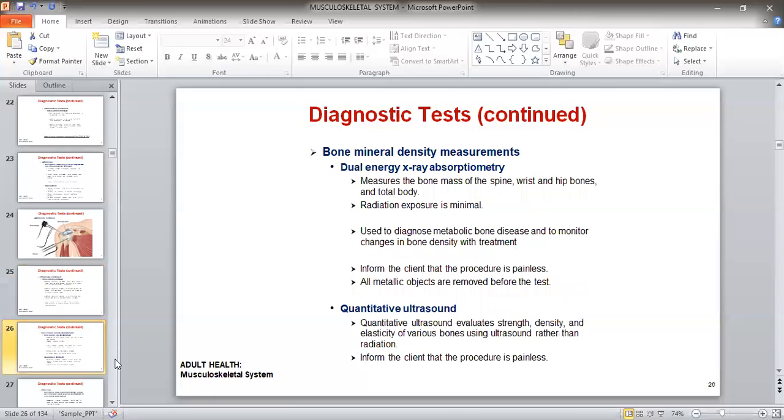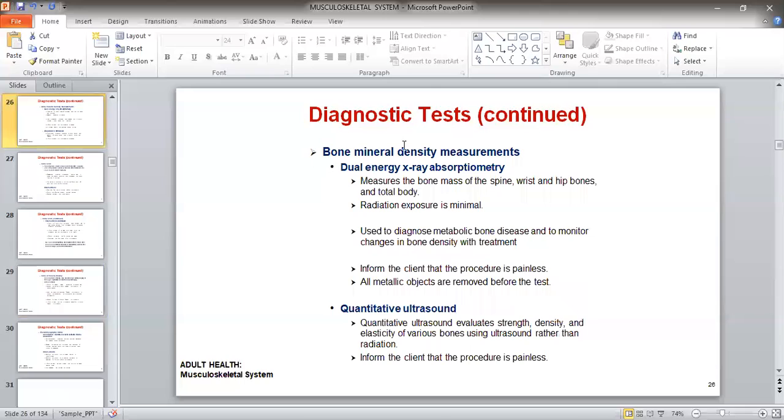And what next? Another important test here is called bone mineral density. Bone mineral density measurement. So if you want to know about bone erosion, osteoporotic change, or distribution of calcium and phosphorus, we can do this test, bone mineral density, right? So dual energy X-ray absorptiometry, okay, and another way is called quantitative ultrasound.